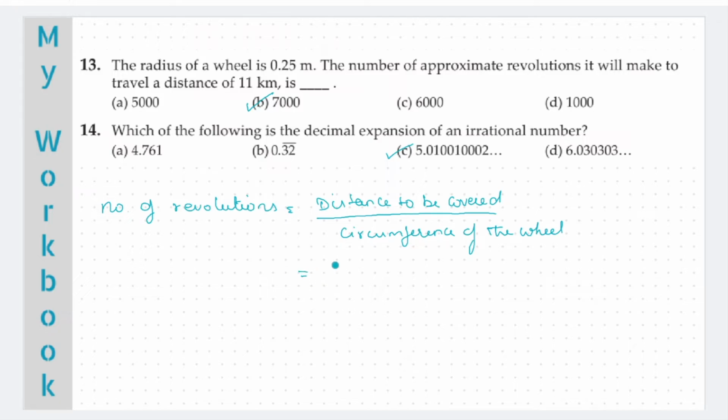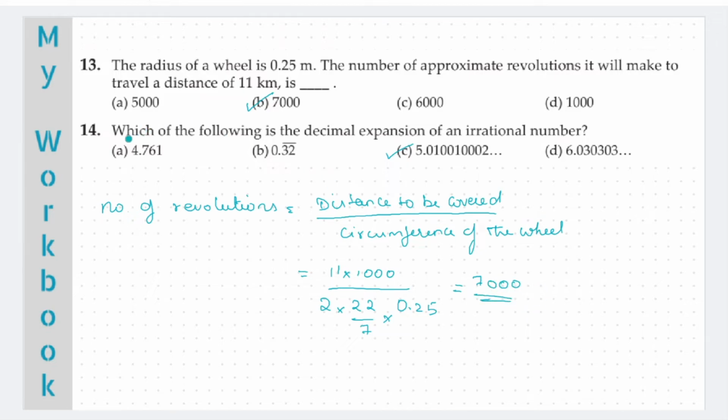Here the distance to be covered is 11 kilometer. Since the radius is given in meters, let's convert this into meters as well. So 11 into 1000 meters divided by circumference, which will be 2 into pi into radius 0.25. So simplifying this, you will get the answer as 7,000.